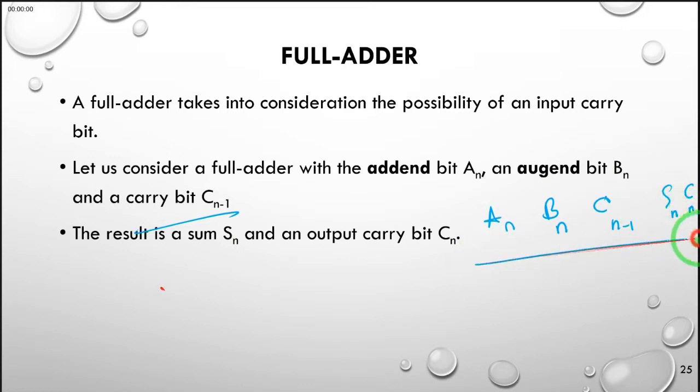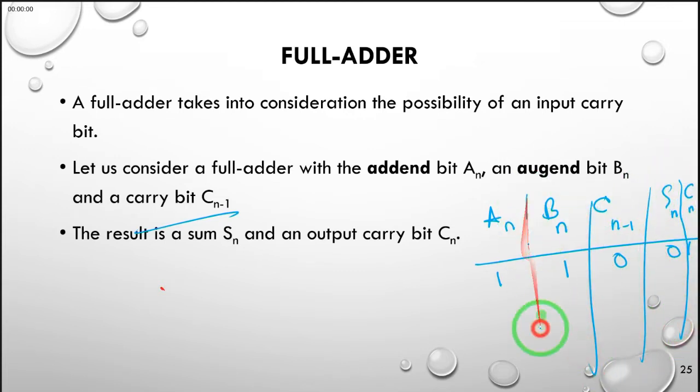So we are asking ourselves, if we have An is 1 and Bn is 1 and we have not carried any bit because it's our first summation, our sum is the result of this plus this. This is going to be a 0, but we carry a 1. I'm already arranging it in column form so that we know what each of the variables will hold.